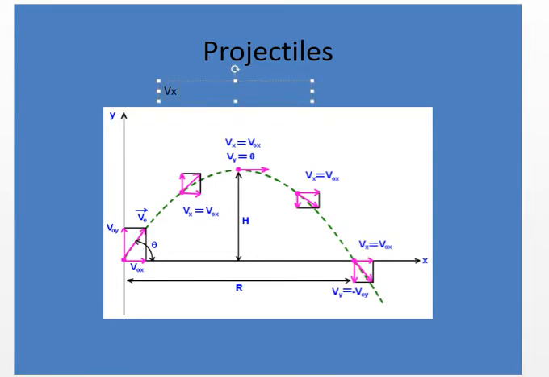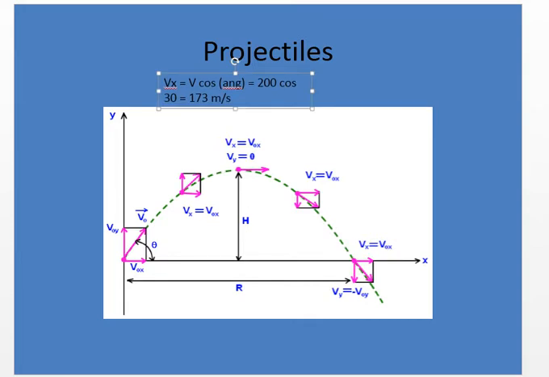Vx is going to be equal to the speed that it's launched at times cosine of whatever the angle is that it's launched at. So in the case of our problem, it would be 200 times cosine of 30, which ends up being 173 meters per second.